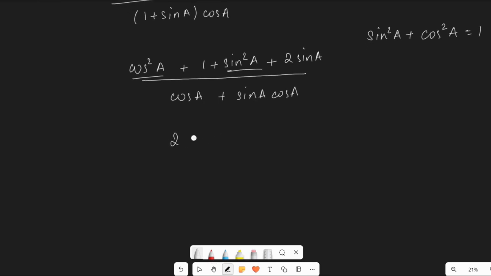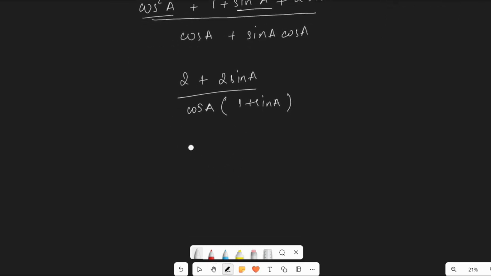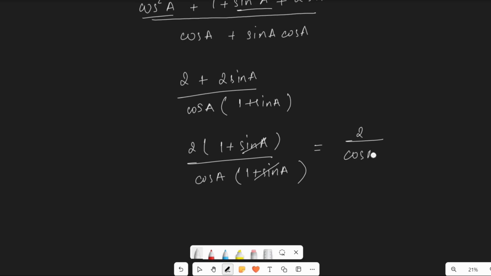So this becomes 2 plus 2 sin A, and cos A can be taken as common from the denominator, and this becomes cos A into (1 plus sin A). Then you can simply take 2 as common in the numerator, and this becomes 2 into (1 plus sin A). So 1 plus sin A gets cancelled, and we get 2 by cos A, which can be further written as 2 into secant A, as we know that secant function is the inverse of cos function, and this is the required RHS.